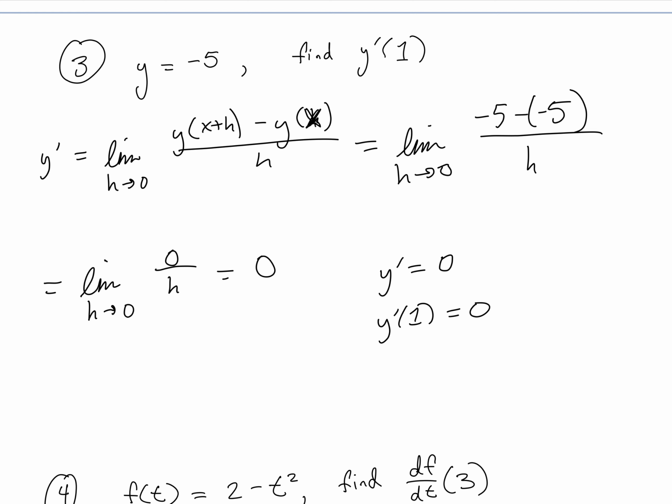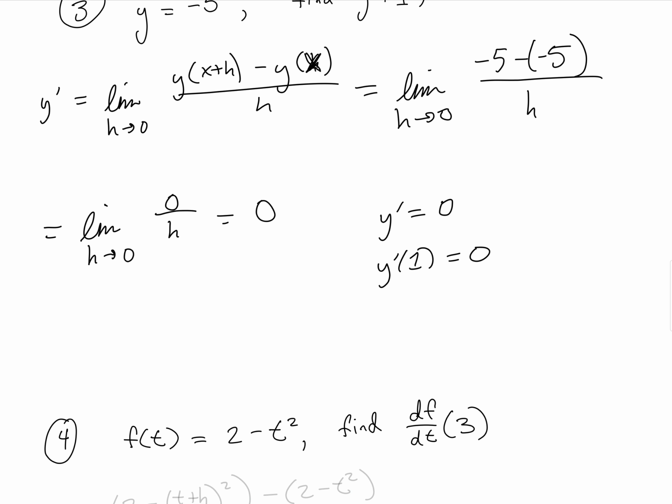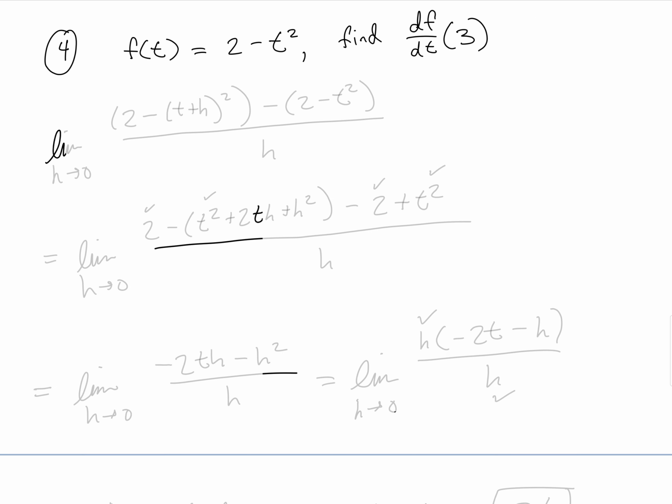Our last example is f of t equals 2 minus t squared. So we've got the limit as h goes to 0 of f of t plus h. So that's 2 minus (t plus h) squared minus f of t, that's 2 minus t squared, all divided by h.